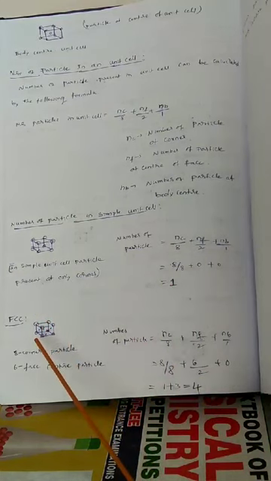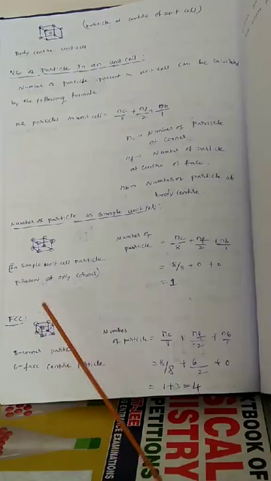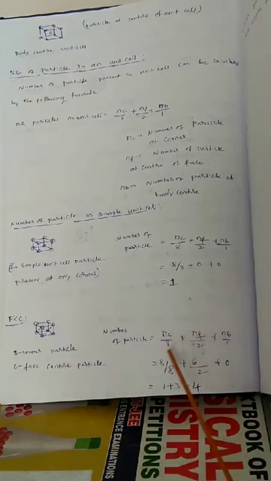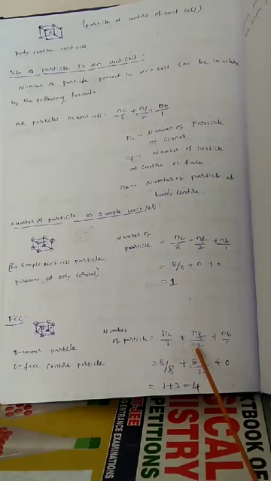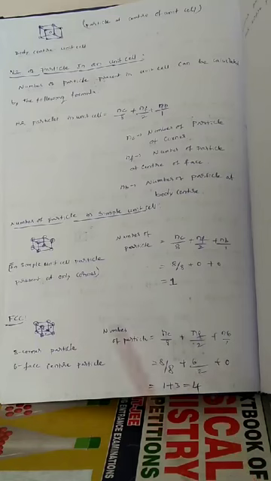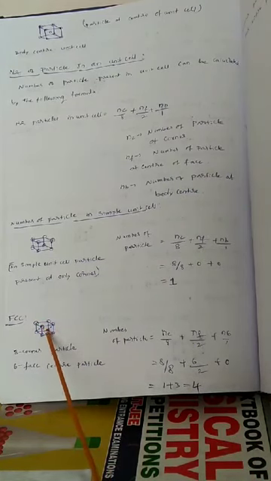Next, we shall move on to FCC. FCC means a face-centered cubic system. Here, the number of particles at the corner is equal to 8. The number of particles at the center of each face is equal to 6. You can observe here, we have 6 different faces for this unit cell.